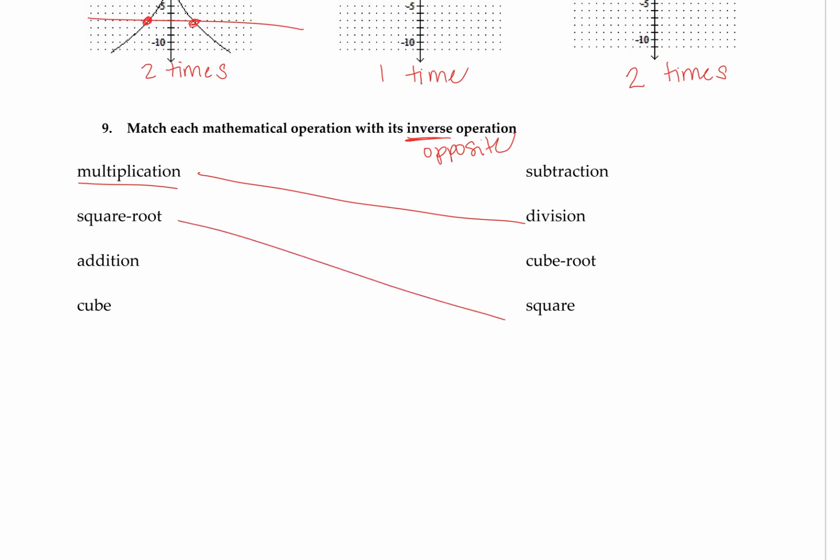Well, I do it with a square, the same way in reverse. How do I get rid of a square? Well, I take the square root. How do I get rid of division? With multiplication. Addition, the opposite of it, is subtraction. And to undo a cube, you do the cube root. If you don't know what it looks like, this is the cube root.